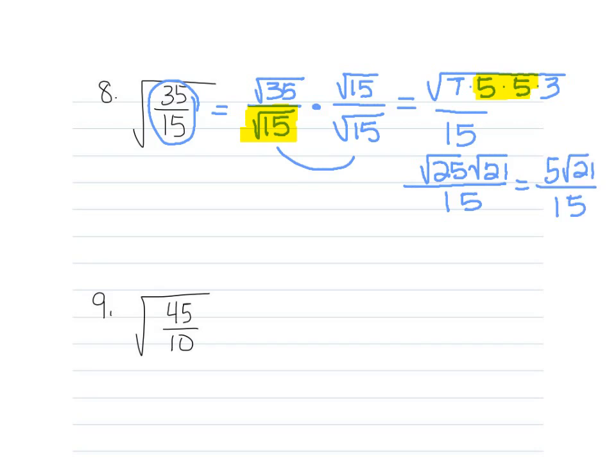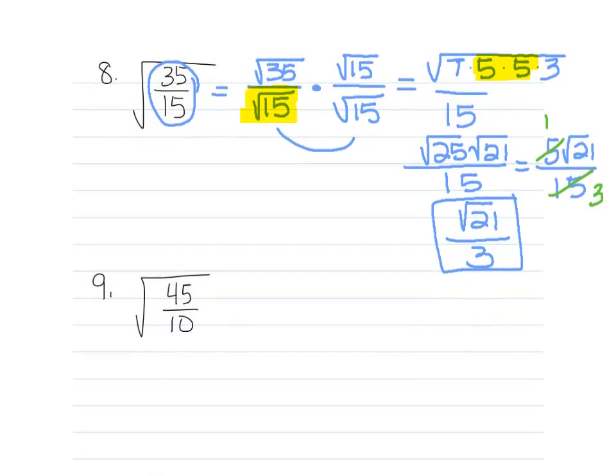And then, yes, we can simplify because we have a factor of 5 in common in the numerator and in the denominator, so we can reduce. Now you cannot reduce what's in the radicand, okay? So that stays in the radical symbol. So our solution is radical 21 over 3.